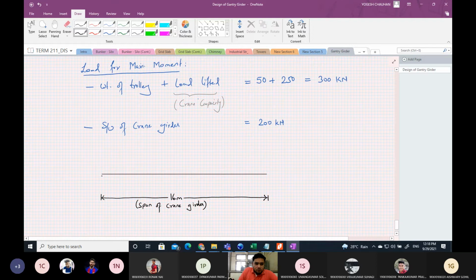Now it is supported here, and it is subjected to its own self weight.